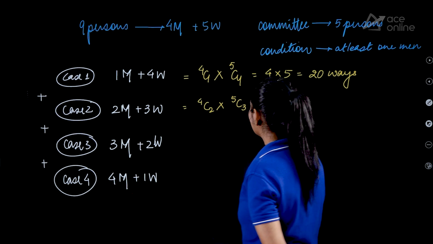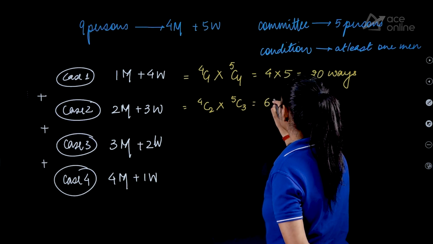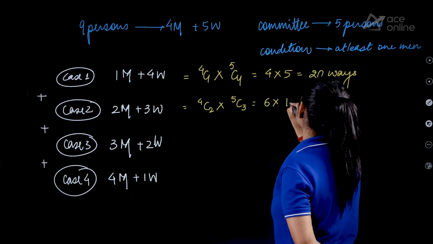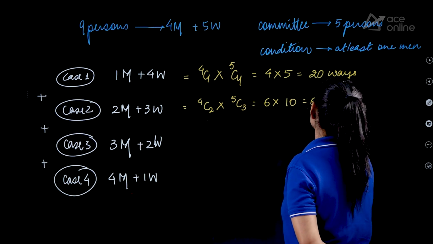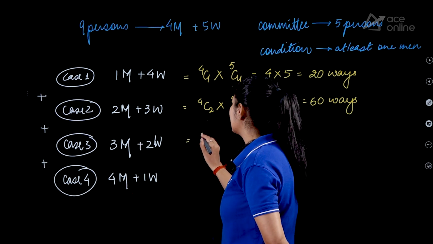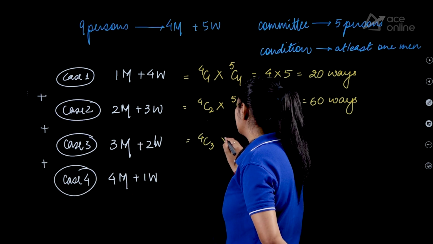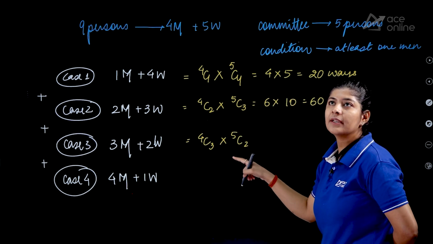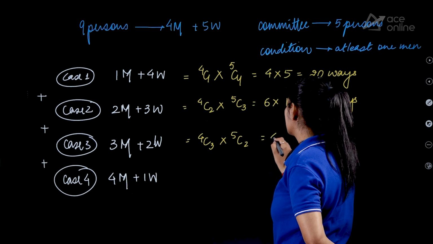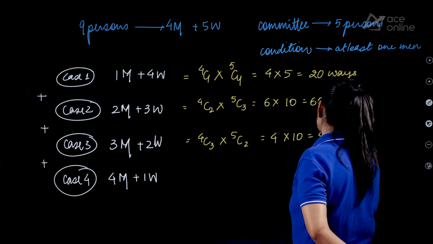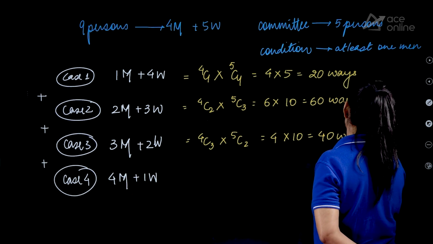So here we are having 6 into 10. So basically here we are getting 60 ways, right? Here we can write 4C3 into 5C2. So here we are getting 4, and here also we are getting 10. That means here we are getting 40 ways.